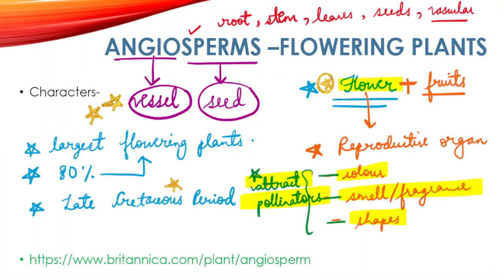I left one point here. The seeds are not naked, they are not exposed; the seeds are enclosed in a vessel. So seeds are enclosed. I missed this word, enclosed.